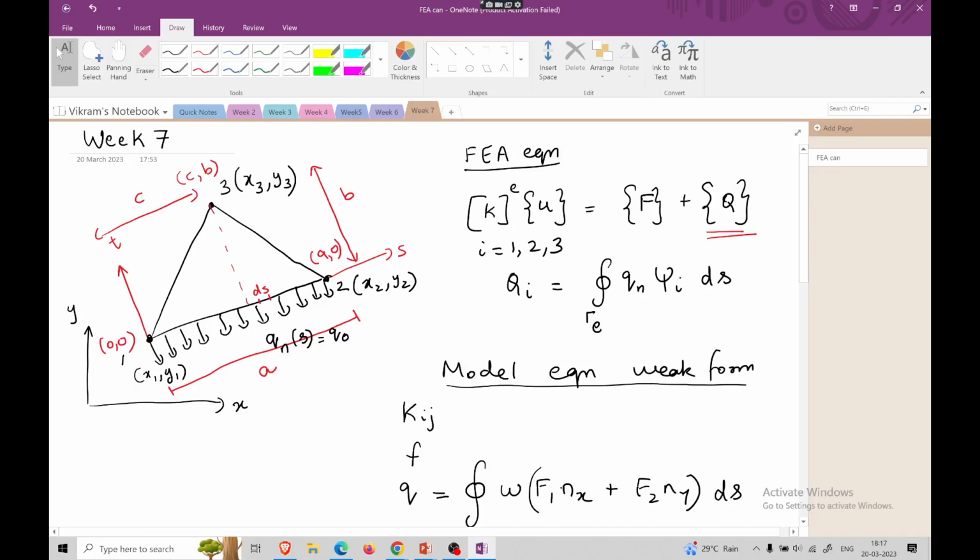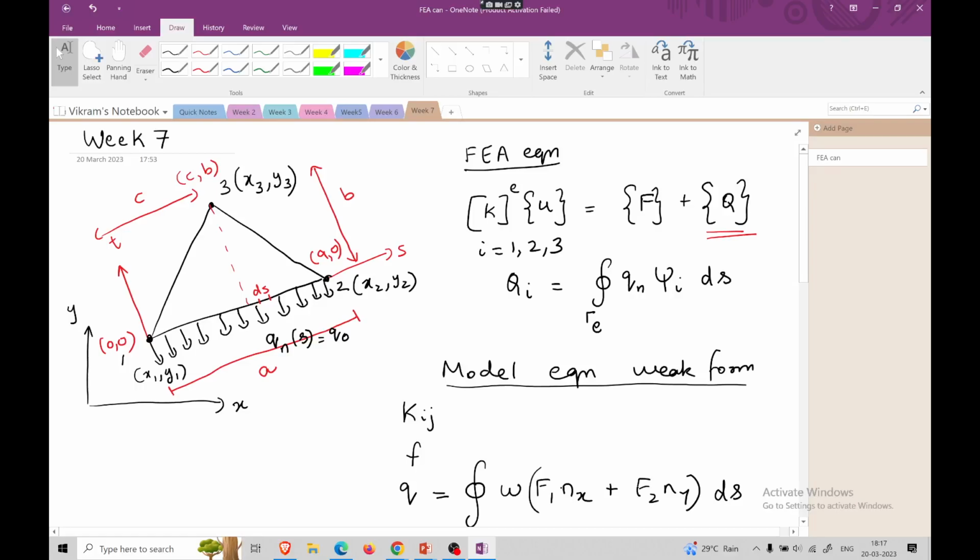So how did I get that? I placed the coordinate system along this side 1 2, I made this side 1 2 equal to a, and the height I assumed as b, and the distance of the third point from this t axis is c. So my coordinates will be 0 comma 0, a comma 0, and c comma b.